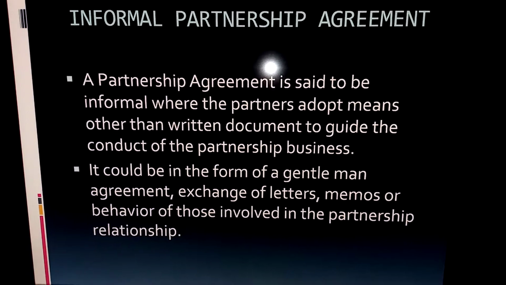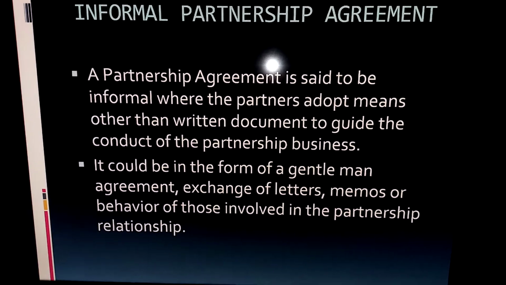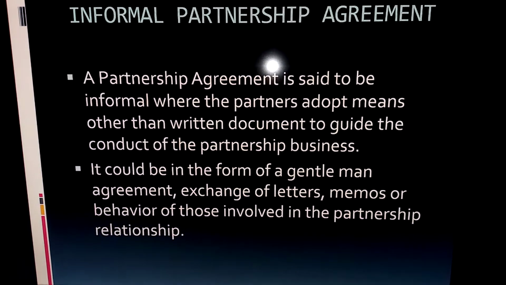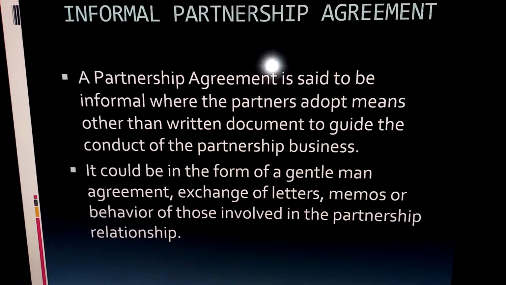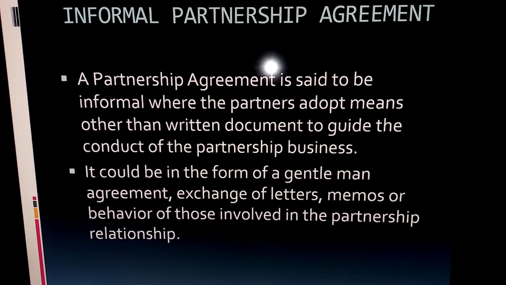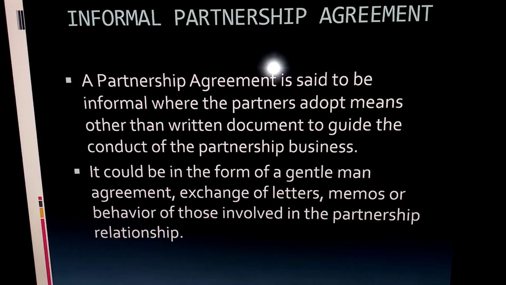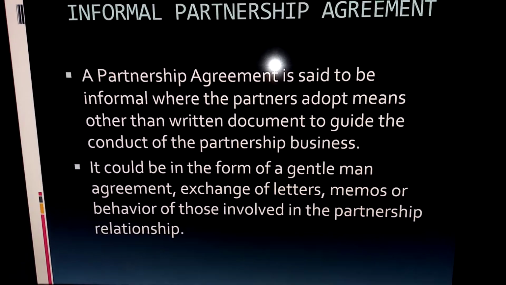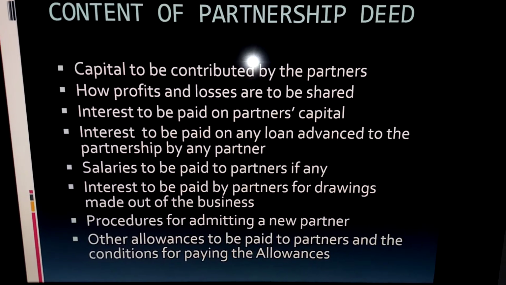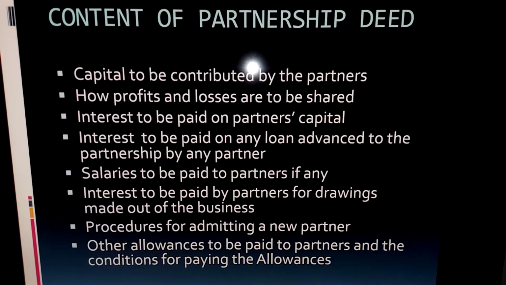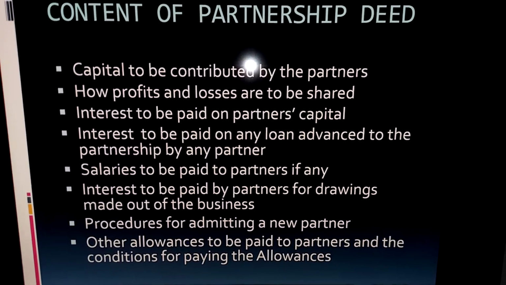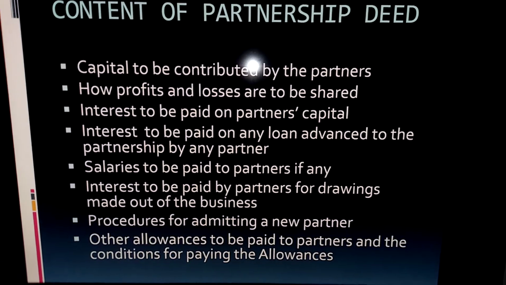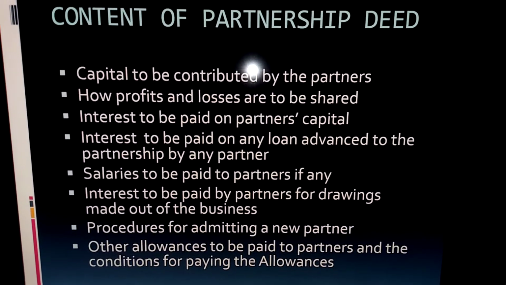So the idea is that there is no written document signed by the partners, but they have utilized other informal ways of reaching the agreement to guide the partnership business. Now, we already defined partnership deed as a document that contains the guiding rules of conducting the partnership business.